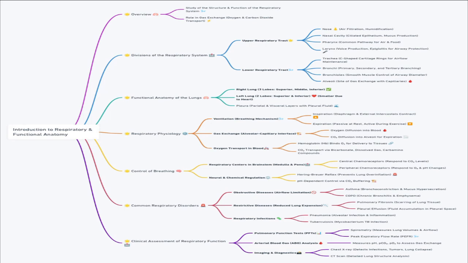For example, the partial pressure of oxygen is between 80 to 100 millimeters mercury, if breathing room air, and the partial pressure of carbon dioxide is 35 to 45 millimeters mercury. The pH of blood within the normal range is 7.35 to 7.45. So partial pressure of carbon dioxide, like the 35 and the 45, is something you could easily remember.